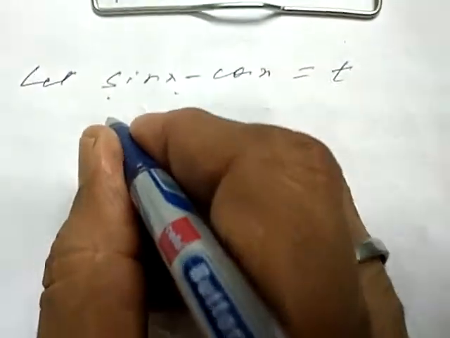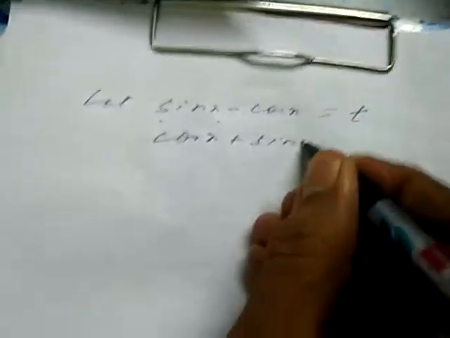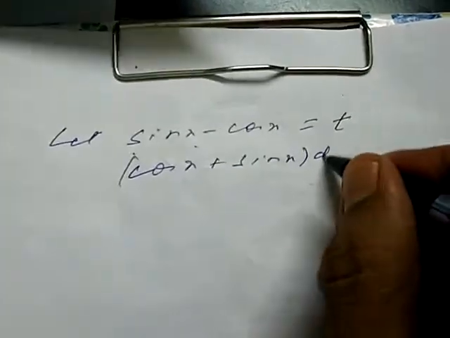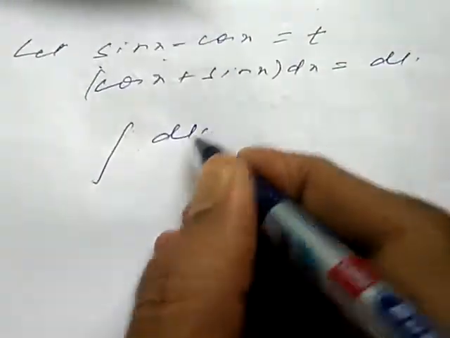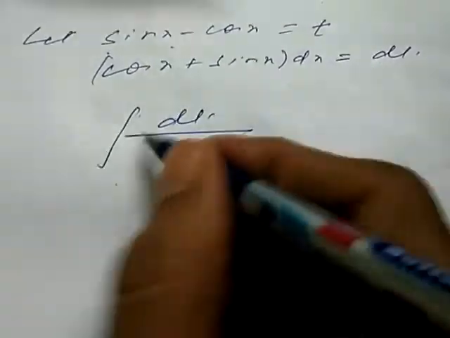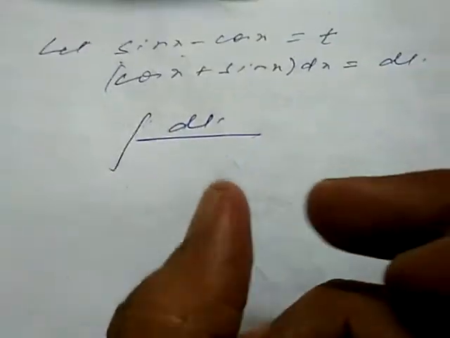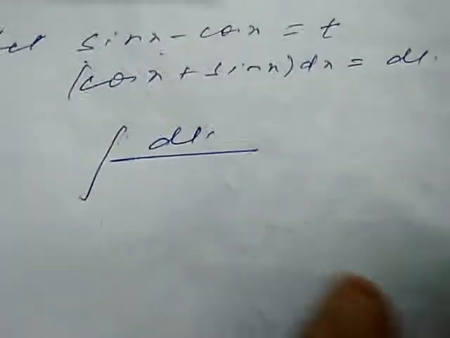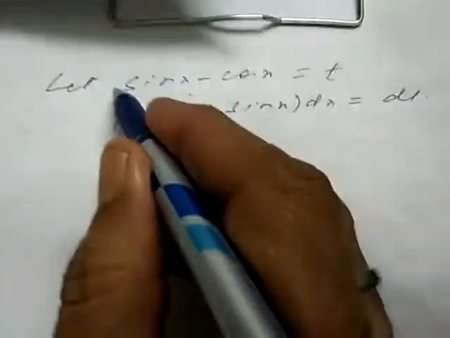I am taking so. When we differentiate, this is cos x plus sin x, and we got the derivative for the numerator. This is dt, but there is a problem here. How will we remove sin x cos x? Because substitution means complete conversion from one variable to another variable. So dt is there, but sin x cos x, how will we eliminate?